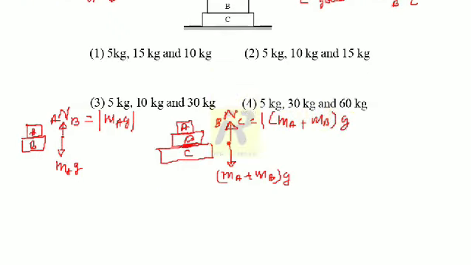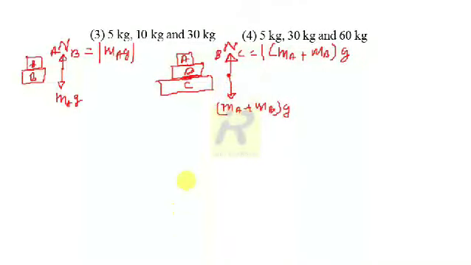And finally we have to think over the last one. Here is block A and block B here. So finally block C. So block C is kept over ground. So the normal reaction between ground and the block C is to be found at this point. So what is going to happen?